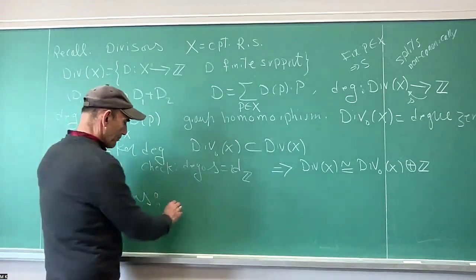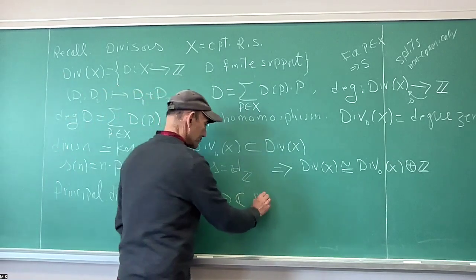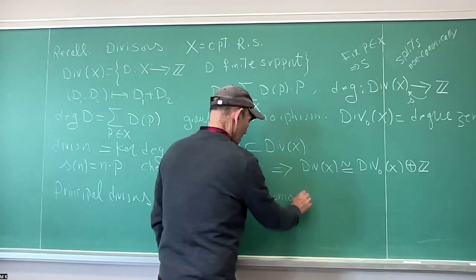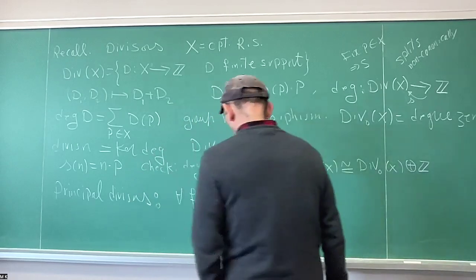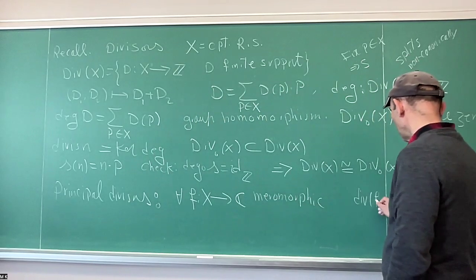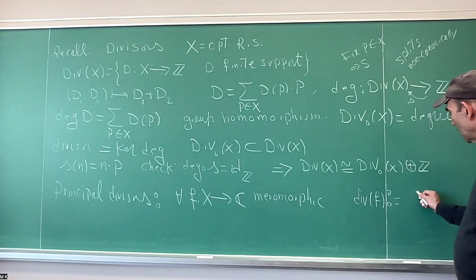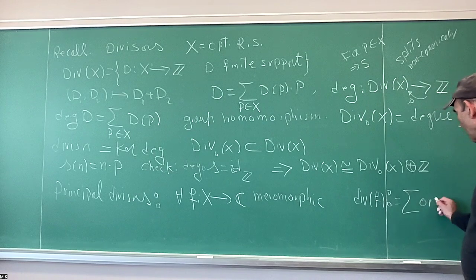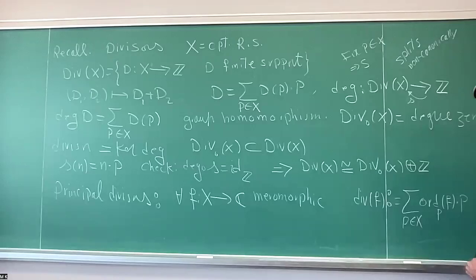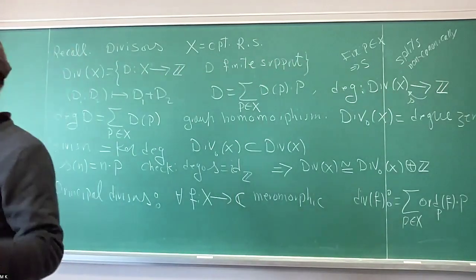For any meromorphic function f, let's say non-zero, we define the divisor of this meromorphic function, div f, to be the sum of the order of f at various points P times P, where P belongs to X. This measures all the poles and zeros and labels them with the order.